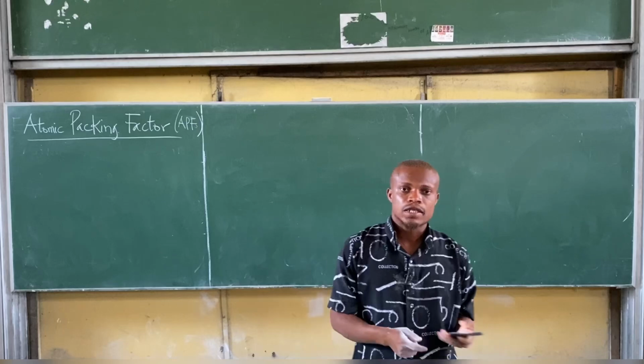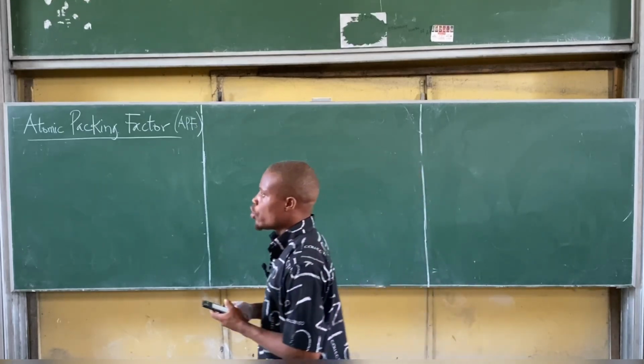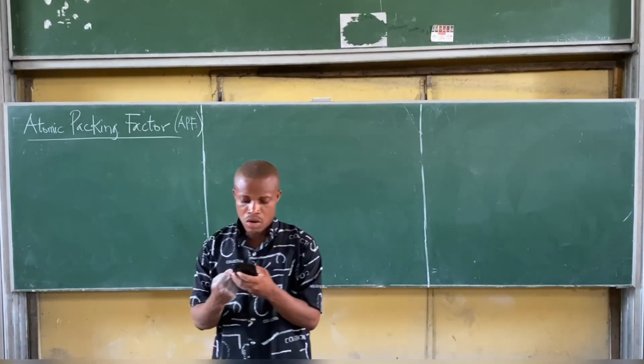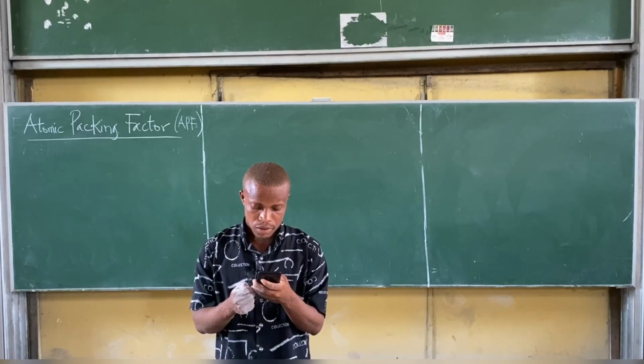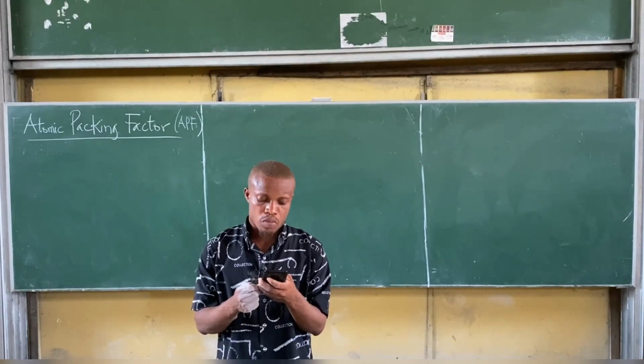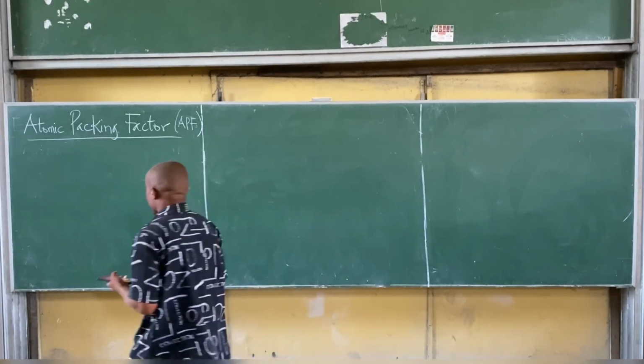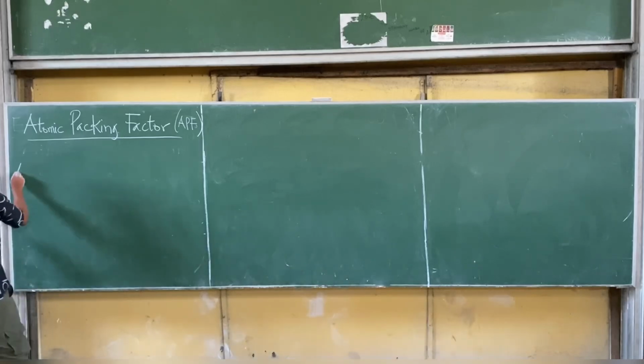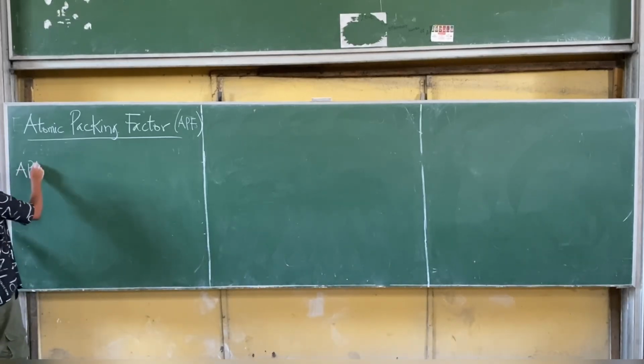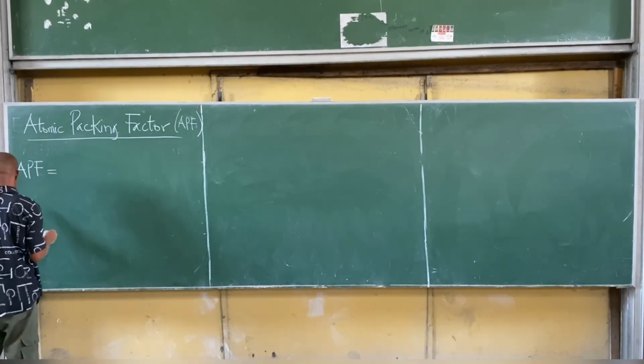It is defined as the ratio of the volume of atoms per unit cell to the total volume occupied by the unit cell. APF, atomic packing factor, is the ratio of what?